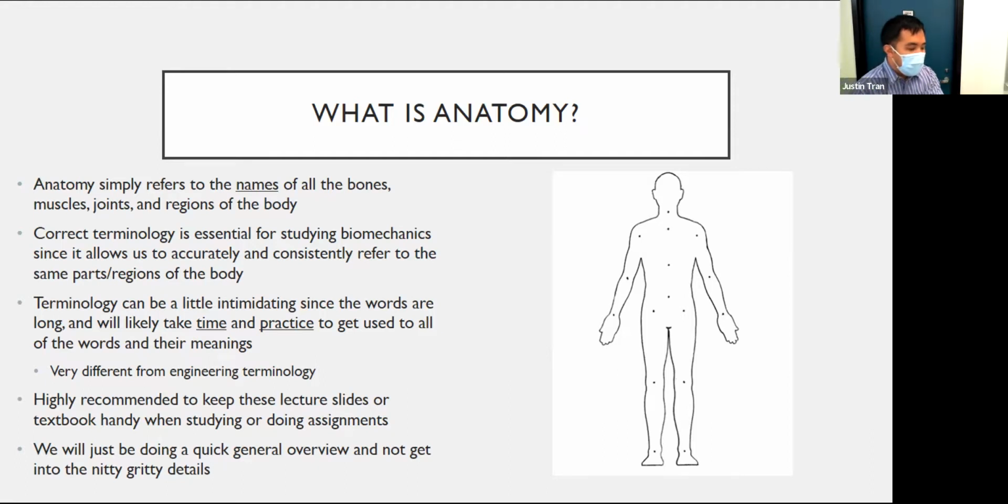Okay. And so when you say it like that, it seems like a very basic idea to just know the names of stuff. But I think this is the part where a lot of people get intimidated with not only biomechanics, but biological stuff in general, because I will say that biologists are terrible namers of things.